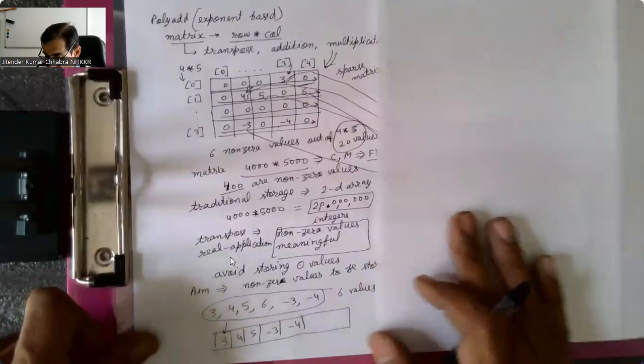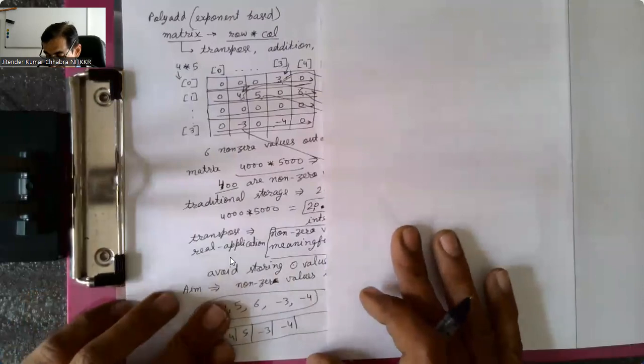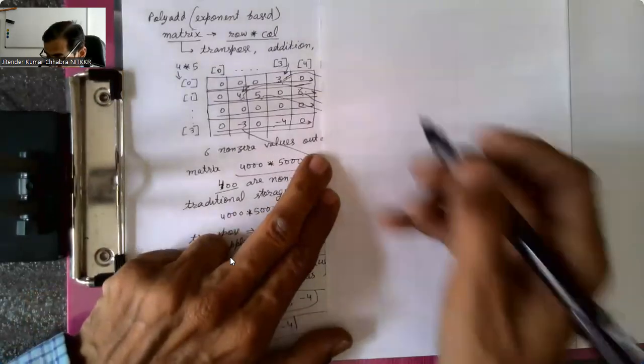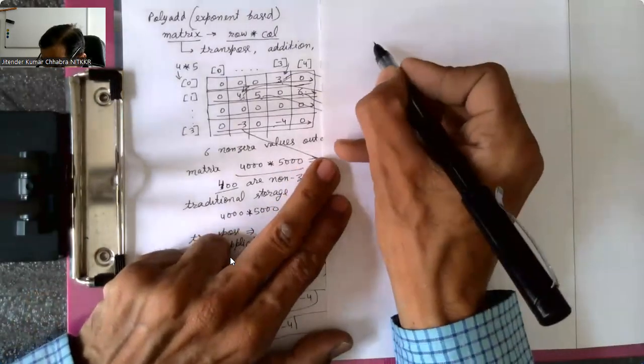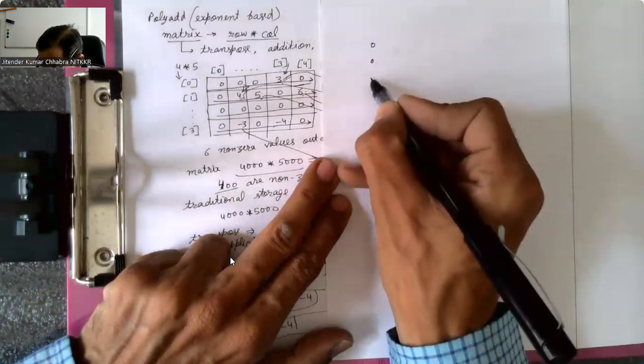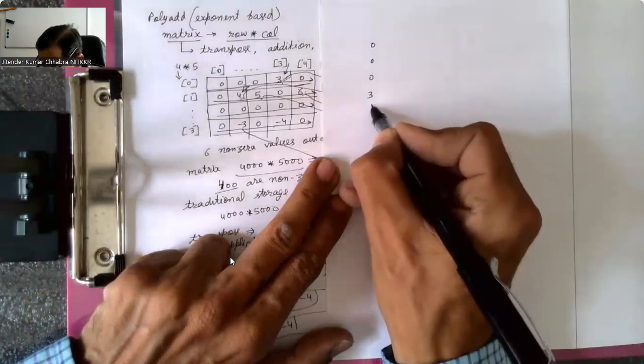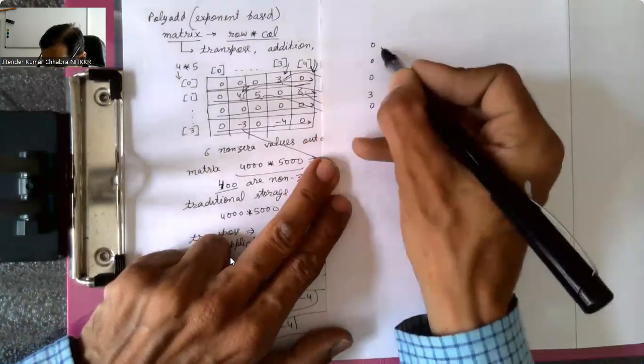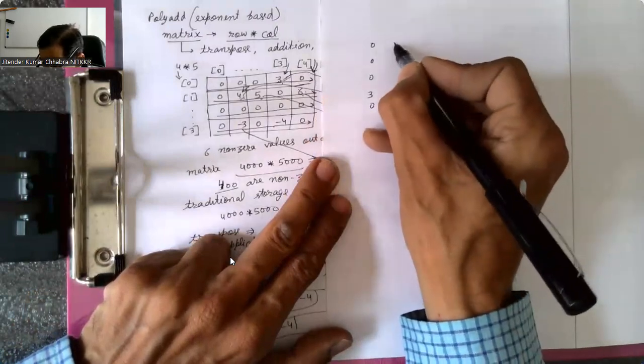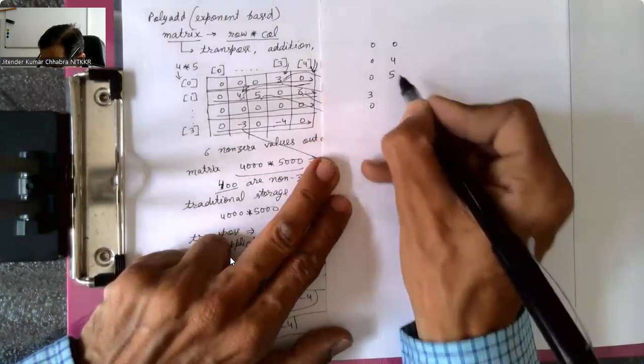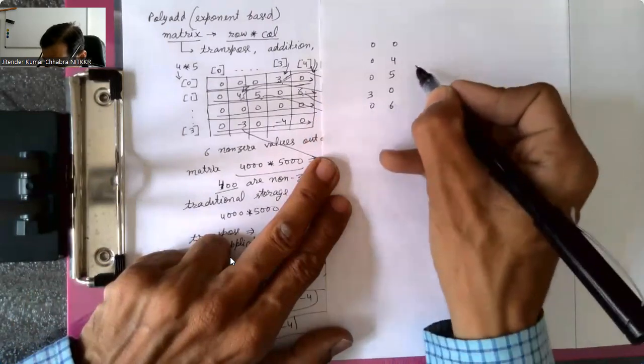What will be the corresponding transpose of the original matrix? My transpose should be 0, 0, 0, 3, 0. The first row becomes a column: 0, 4, 5, 0, 6.